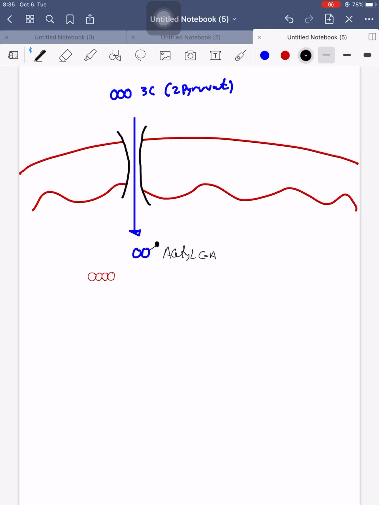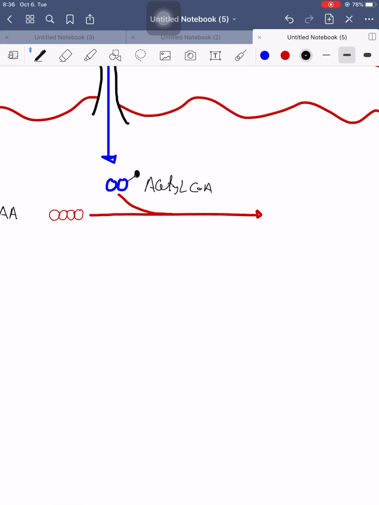That molecule is called oxaloacetate. So acetyl coenzyme A and oxaloacetate come together in a condensation reaction by a specific enzyme called citrate synthase.